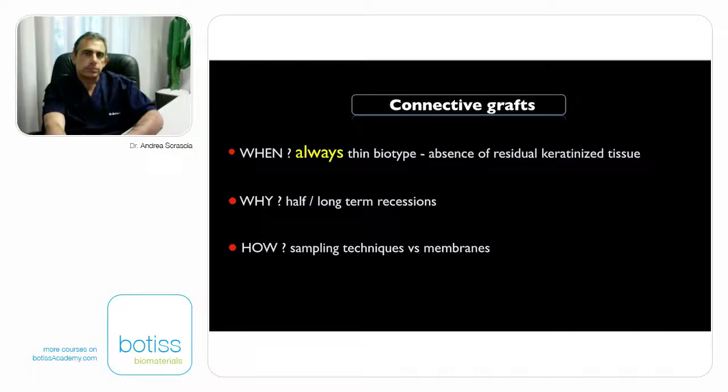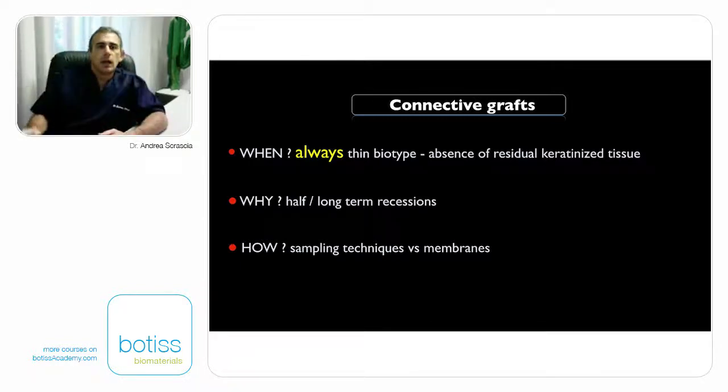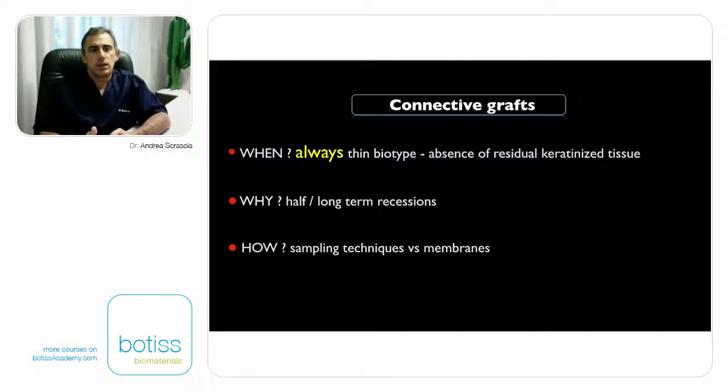When? Always thin biotype. Absence of residual keratinized tissue. Why? Half long-term recessions. How? Sampling techniques versus membranes.